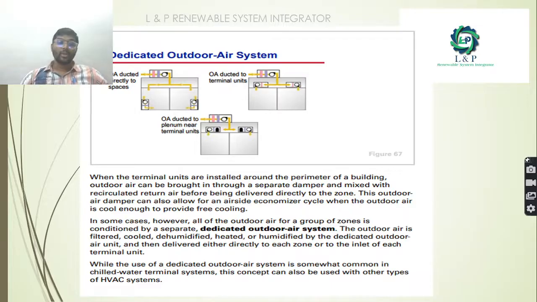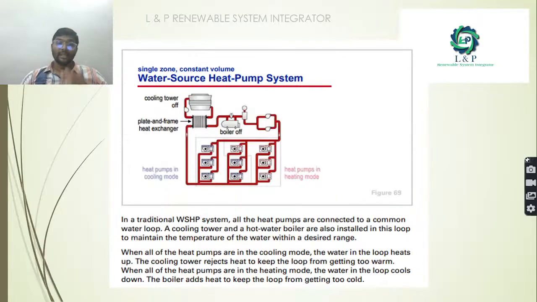In the outdoor duct, if it goes directly into the spaces, some sort of air gets reduced, but we send it out only after processing, unless it is waste, in which case we send it out; otherwise we can reuse it. Next most important application is the water source heat pump system.